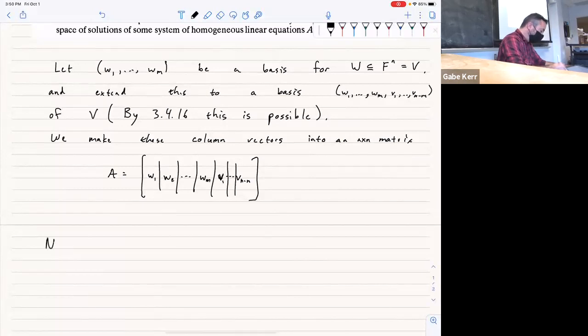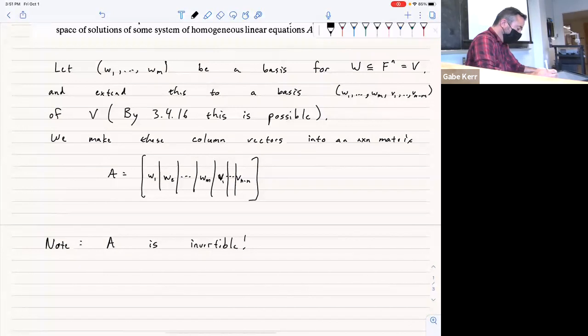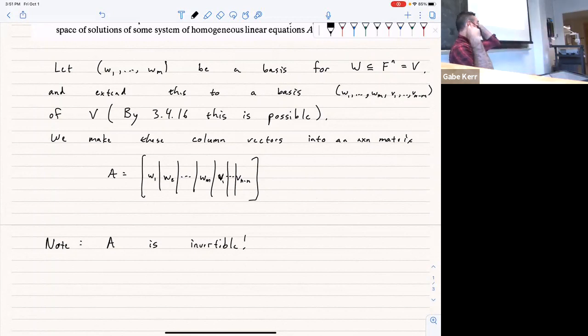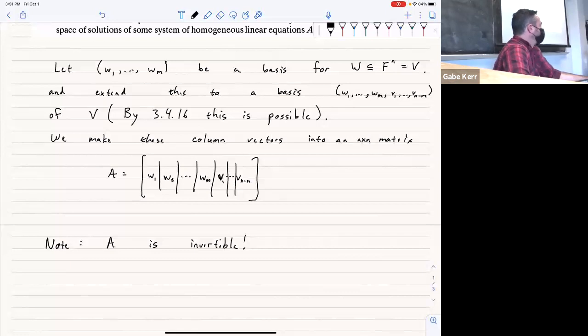So note, A is invertible. Now, there's probably something in the section that says so, I haven't read it closely enough, because I look over what I want and take it out and put it in the lecture. Or you can prove it easily. This is not a hard thing to prove, right? Why is A invertible?